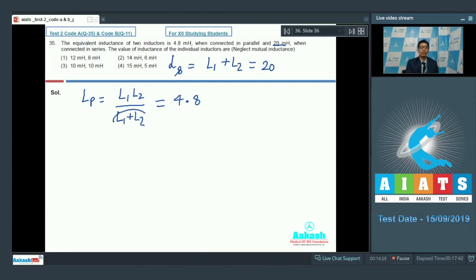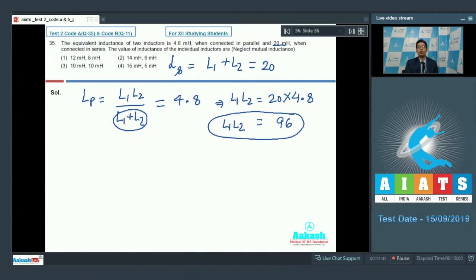Substituting the value of L1 plus L2 here, we can write that L1 multiplied by L2 is equal to 20 into 4.8, which can also be written as 96. Now dear students, we have two equations and two variables wherein we need to solve and find out the values of individual variables.